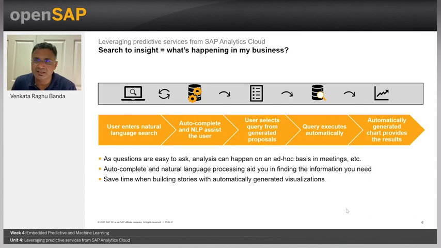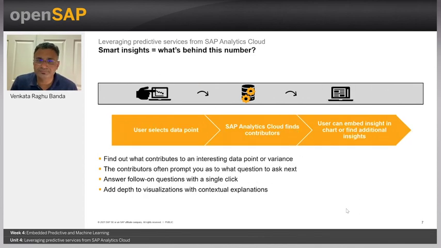The user can select a query from these generated proposals, and then the query is automatically executed and the results are provided. So basically you are searching and the insights are provided, and while you are searching, the natural language search is being provided with some additional recommendations.